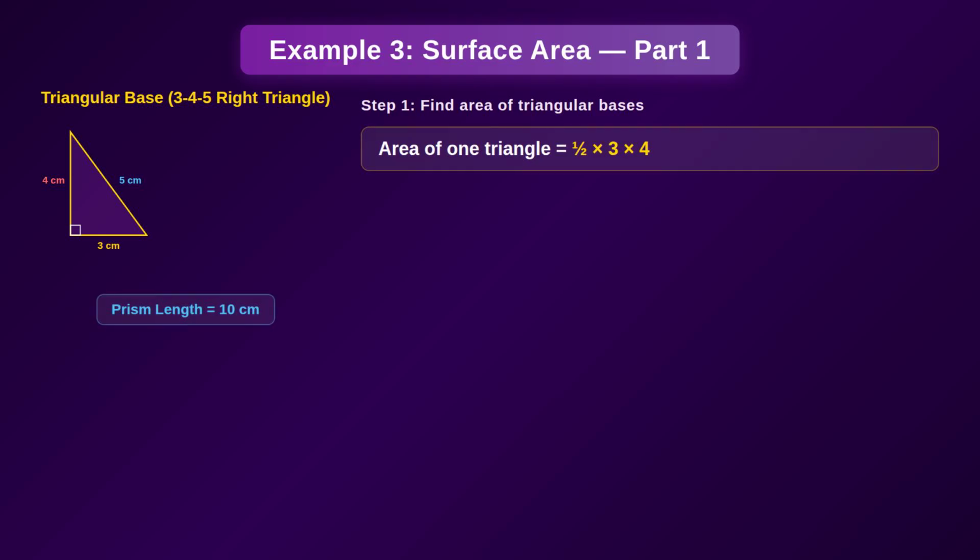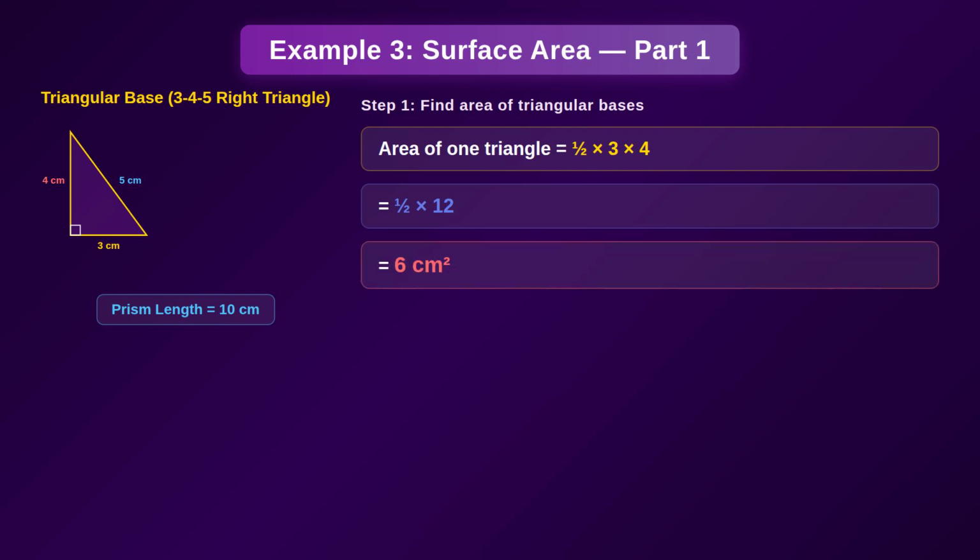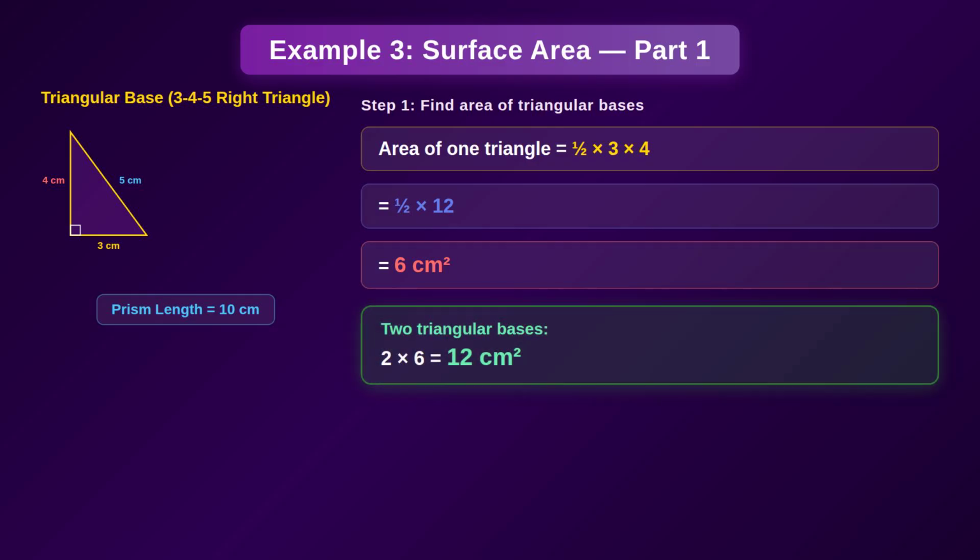Here's Maya's surface area problem. The triangular base has sides of 3 centimeters, 4 centimeters, and 5 centimeters. That's a right triangle. Actually, for a 3, 4, 5 right triangle, the height from the right angle to the hypotenuse approach is complex. So let's use the two legs as base and height directly.